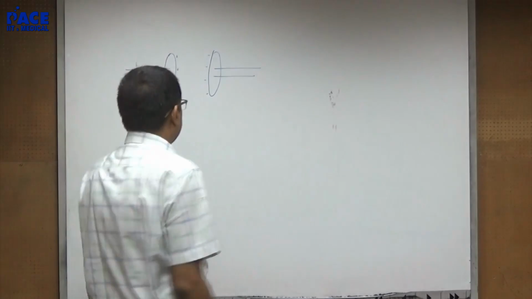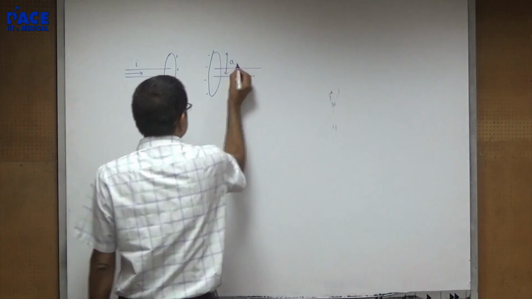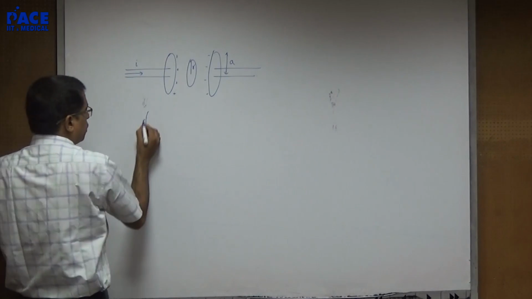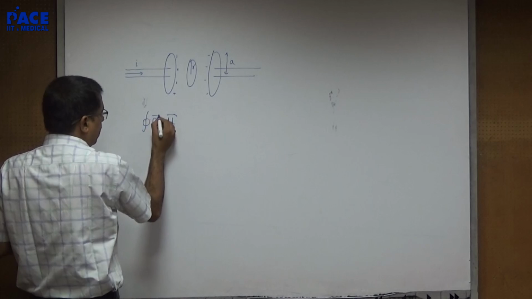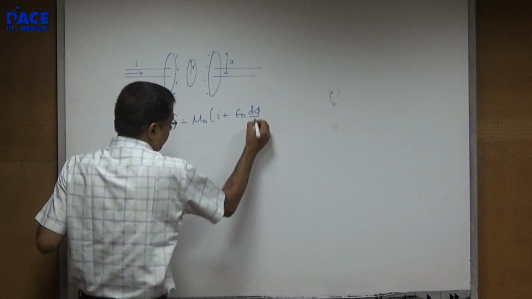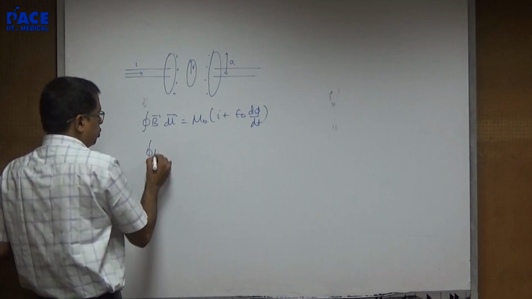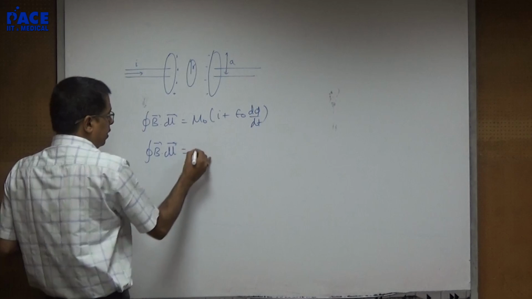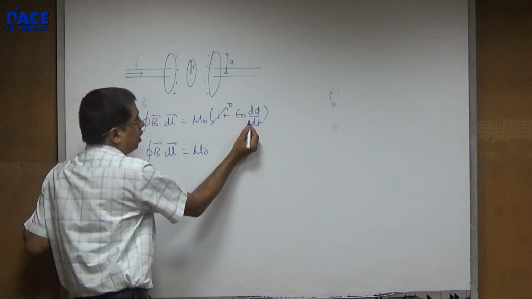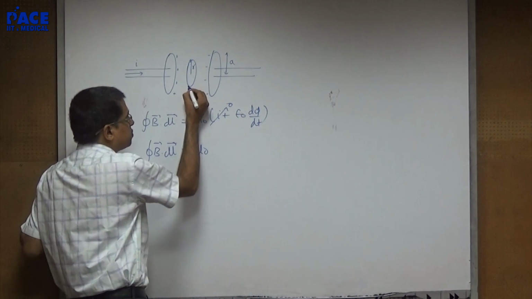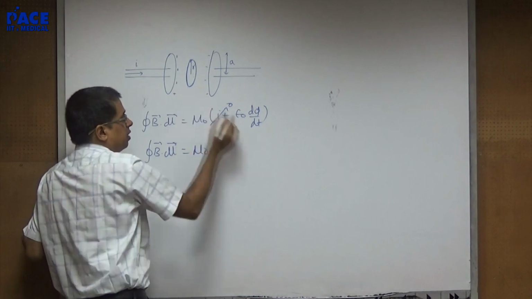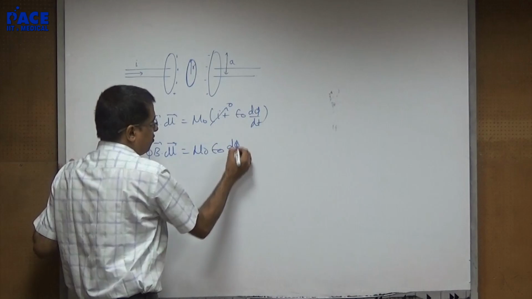Right? Now suppose I take the plate to be of radius A and I assume an amperian loop of radius small r. Closed integral B dot dl is equal to mu naught I plus epsilon naught d phi by dt. Here I is 0, there is no current. Epsilon naught d phi by dt will be this.